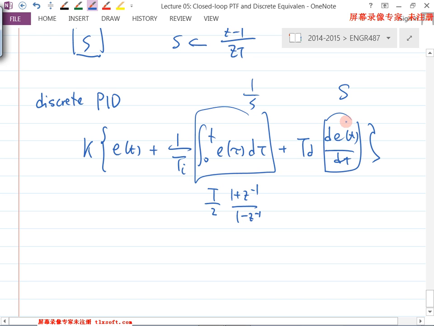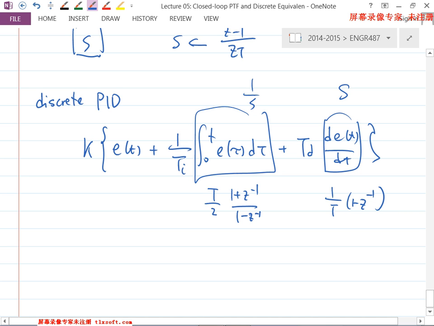And for this s block here, let's say if I decided to use backward difference, then for this block all you can do is just replace this with this. Okay? Yeah. So that's the emulation. So then you end up with everything just in terms of z now, right? In terms of z. All right? Yeah.